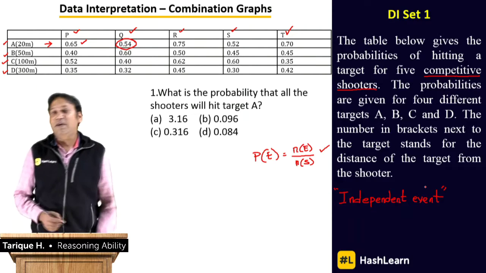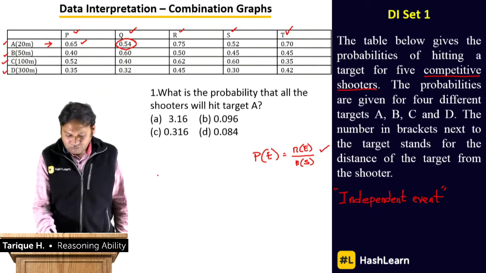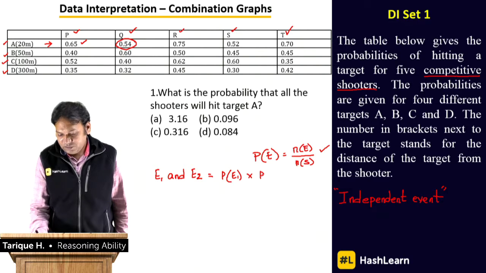In independent events, when suppose 2 events E1 and E2 are independent, then for E1 and E2 happening together, we say the probability will be P of E1 into P of E2. So wherever we have 'and', we multiply.